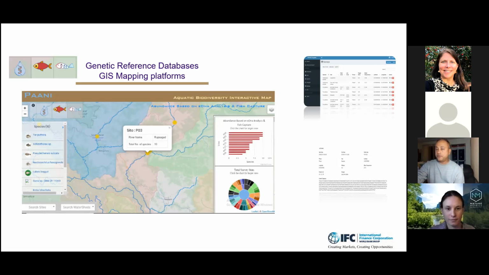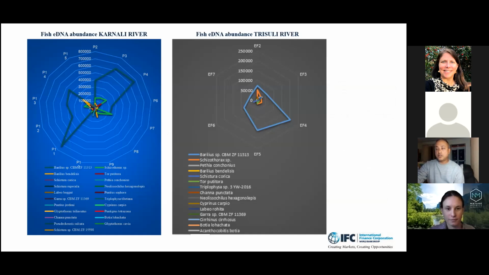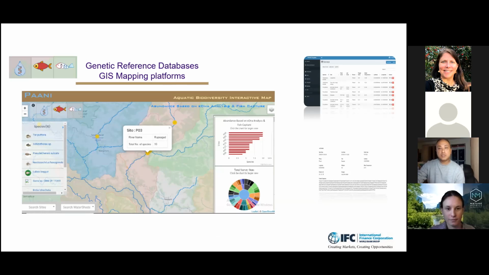What we have also found, as one of the limitations of eDNA, is that a lot of the species information is not in a global database. When we try to do reference data matching, some of them are not there, and there is a lot of confusion in terms of species identification at the species level and also the eDNA level.